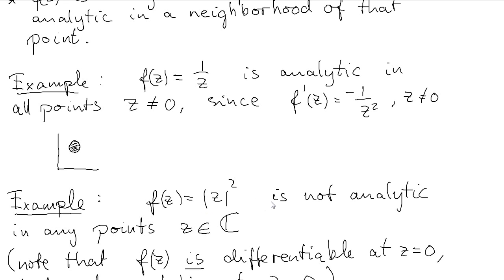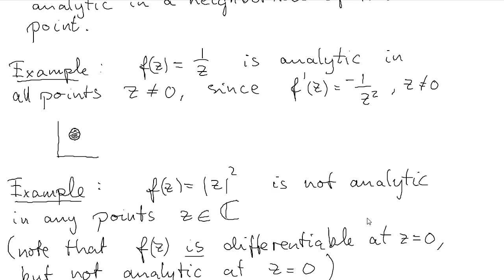But it's not analytic in that point, and the reason why it's not analytic in that point is that it is not analytic in a neighborhood of z equal to 0. So that's the restriction for being analytic, that a function which is analytic in a point must also be differentiable in a neighborhood of that point.